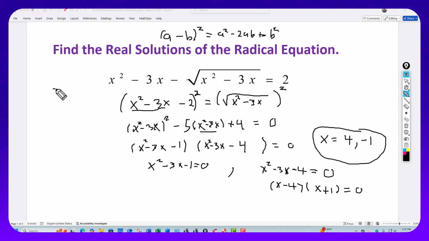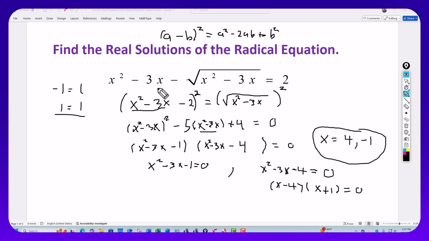And that happens because I can have a false statement, say negative 1 equal to 1. That's not a true statement. But if I square both sides, negative 1 squared is 1, 1 squared is 1, so I get a true statement.